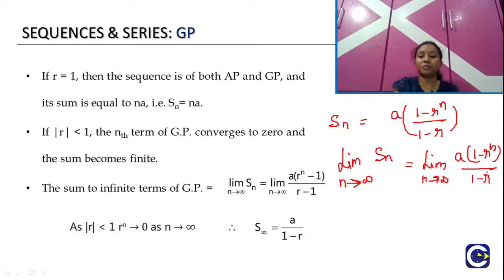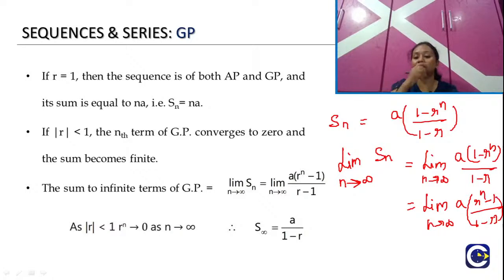This term can be rewritten in another format, that is limit n tends to infinity a into r power n minus 1 by 1 minus r, because we just rearrange the terms. Right. So then when it comes to limit n tends to infinity, that will be 1 and here this will become 0.